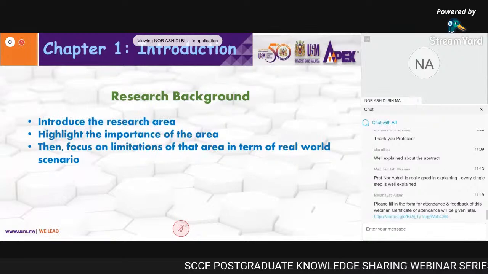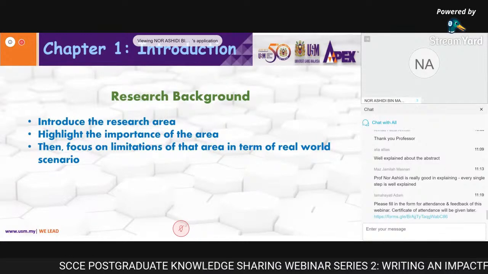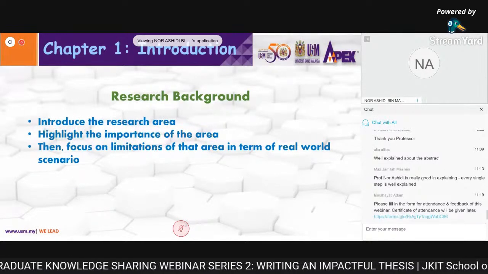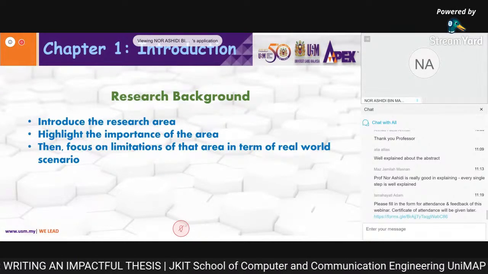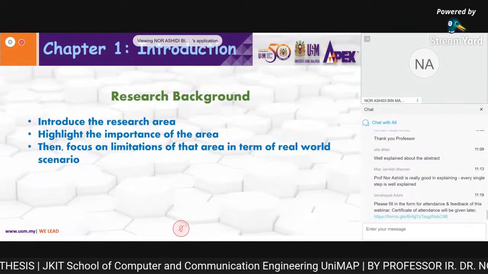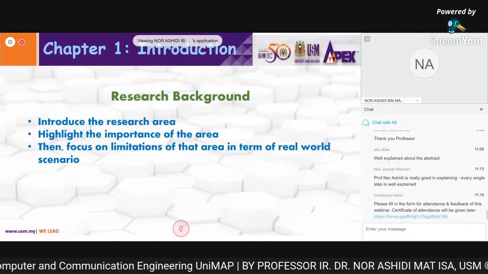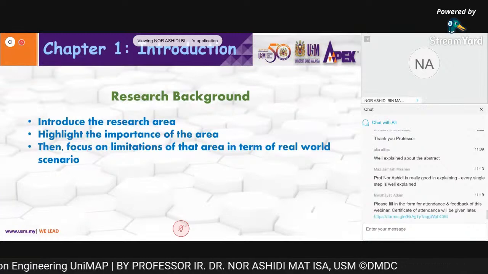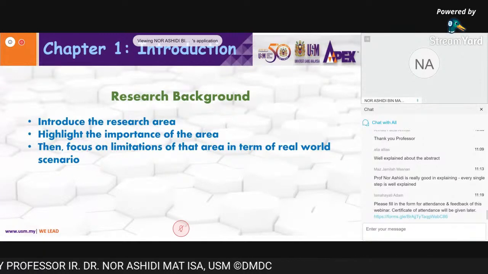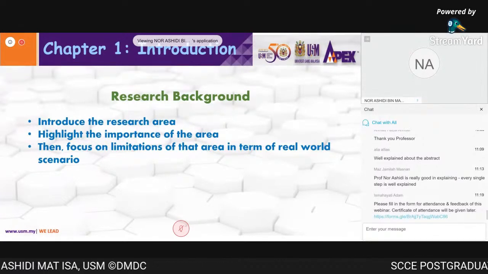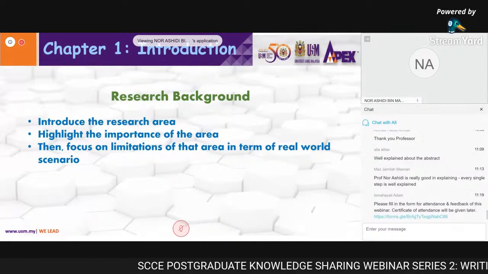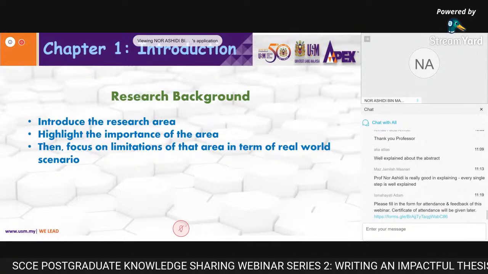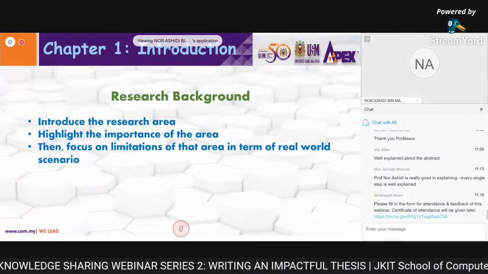That will be put in your second section, which is the problem statement. Now it's just the introduction. The problems of pap smear are, for example, that we need more data, and pathologists get fatigued because they have to look under the microscope for a long period of time. Okay, so that's what we call a real world scenario, and based on this scenario everybody tries to overcome it.